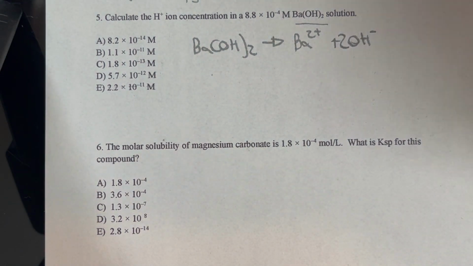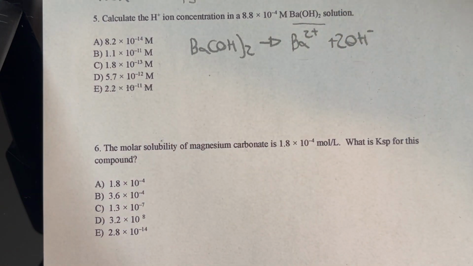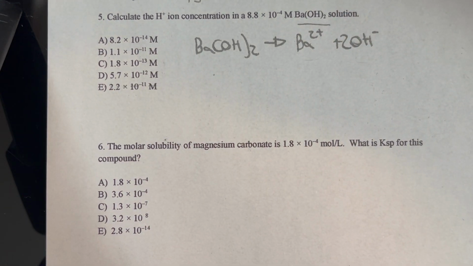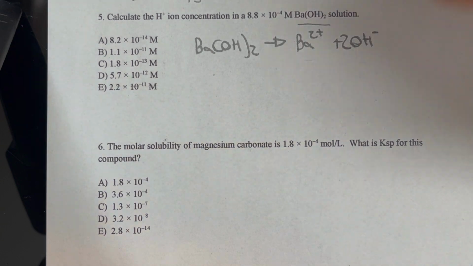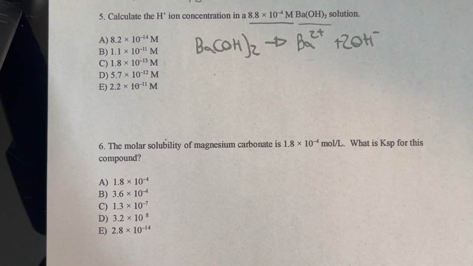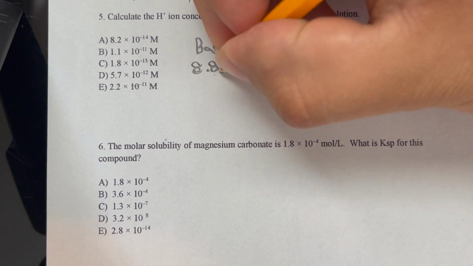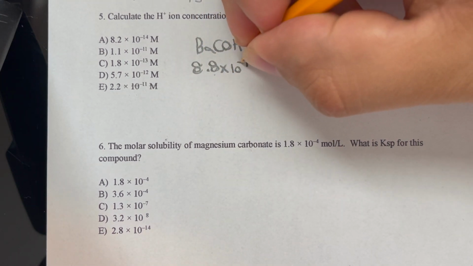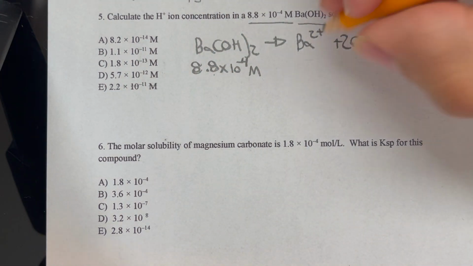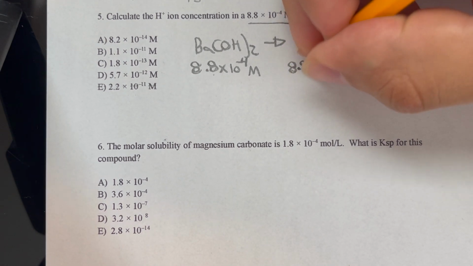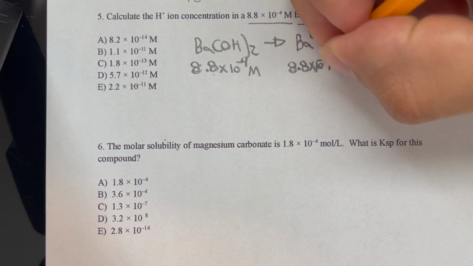Now, we don't really need to do S and S because we know the concentrations of these, right? We know that strong bases dissociate 100%. So if barium hydroxide is 8.8 times 10 to the negative 4 molar, then the barium ion also becomes 8.8 times 10 to the negative 4 molar.